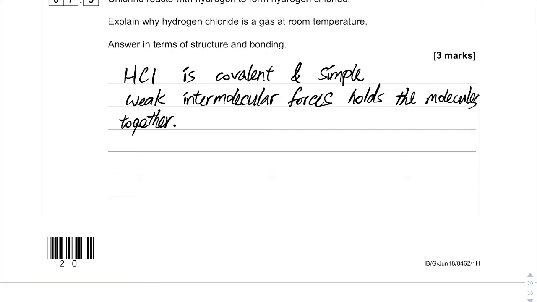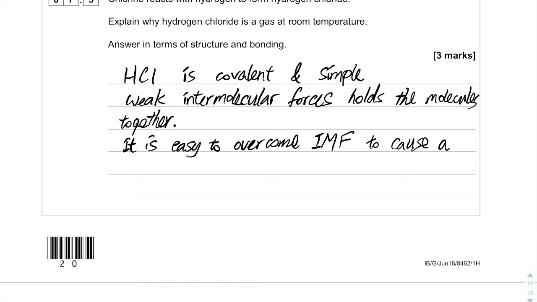And so the last thing to say is it is easy to overcome the intermolecular forces to cause a state change.